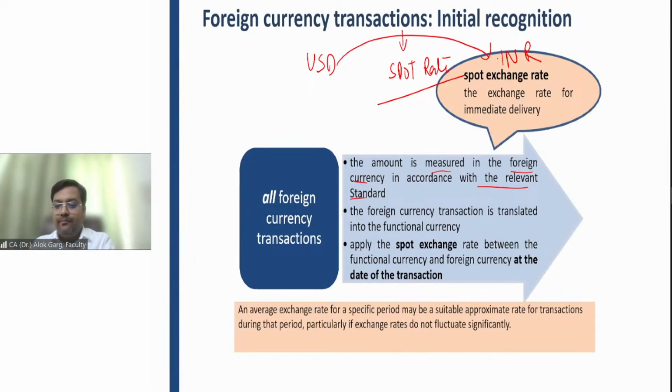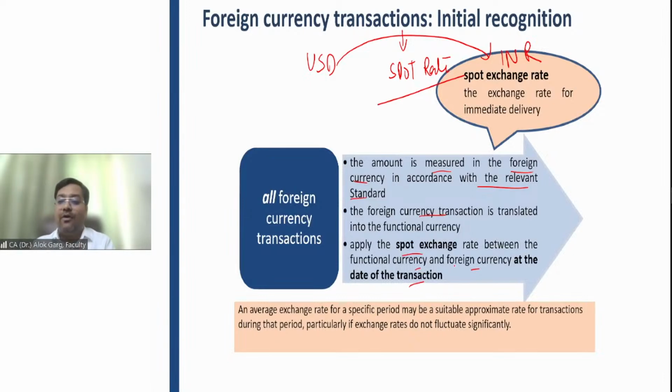Is that clear? Friend, all foreign currency transaction amounts are measured in the foreign currency in accordance with the respective Ind AS. Then that foreign currency transaction is translated into the functional currency. Then you need to apply the spot rate between the functional currency and the foreign currency at the date of transaction. What is a spot rate?